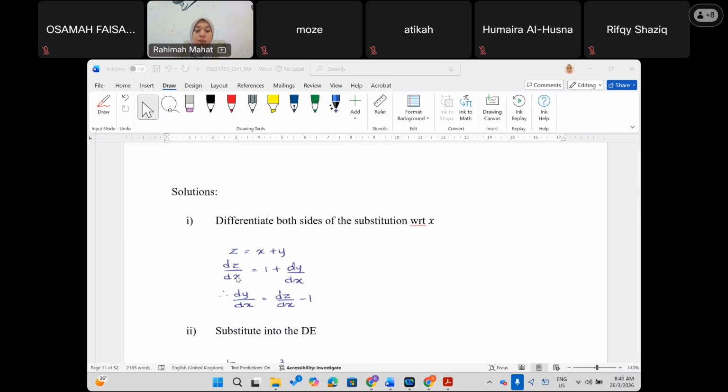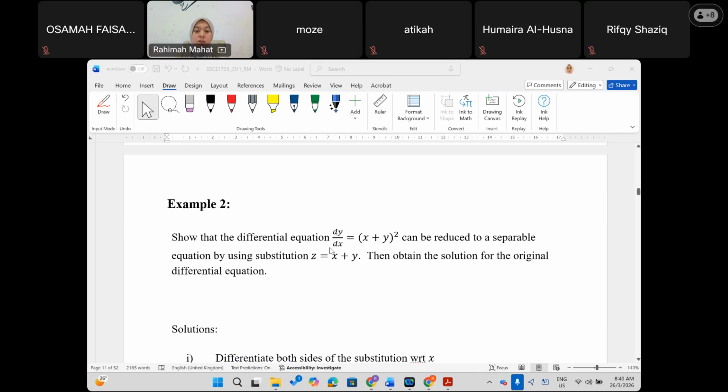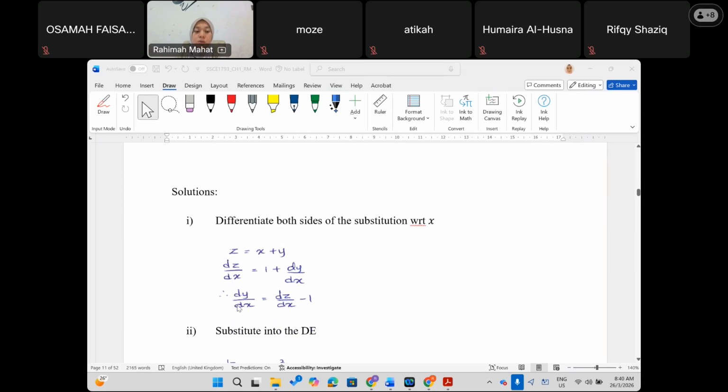So you will get dz/dx is equal to 1 plus dy/dx. Because in the question we have dy/dx, we want to get dy/dx. So you move the 1 to the other side, and you get dz/dx minus 1 is equal to dy/dx.